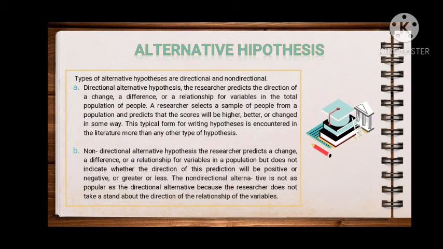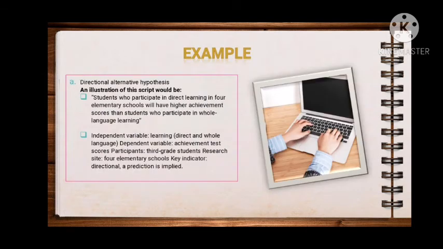After dividing the alternative hypothesis, we use examples of the directional alternative hypothesis and the non-directional hypothesis. For example, as an illustration: students who participate in direct learning in elementary school will have higher achievement scores than students who participate in whole language learning.